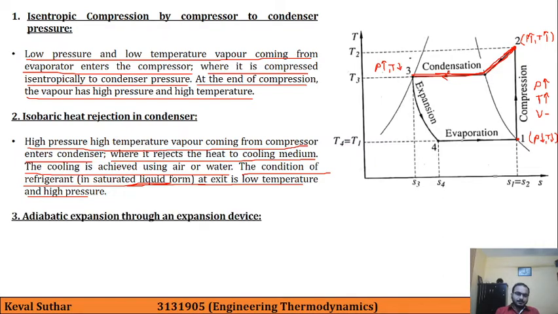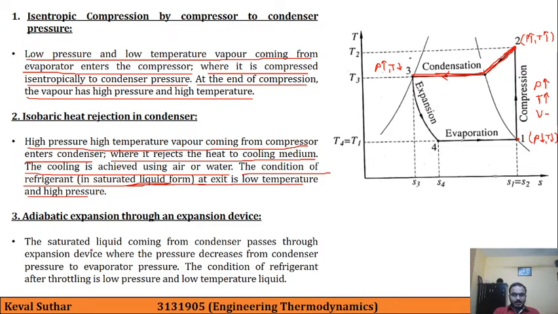Next is adiabatic expansion through the expansion valve. It is assumed that there is an adiabatic expansion through the expansion device. When we were studying vapor power or gas power cycles, such expansion was considered isentropic, but here in refrigeration it will be considered an adiabatic process.